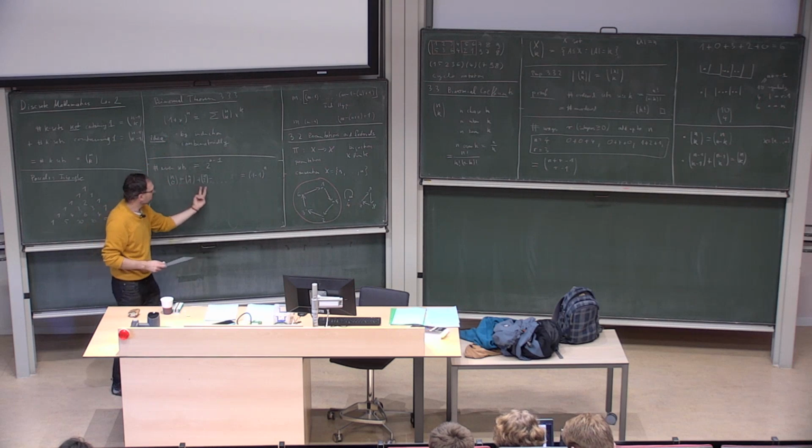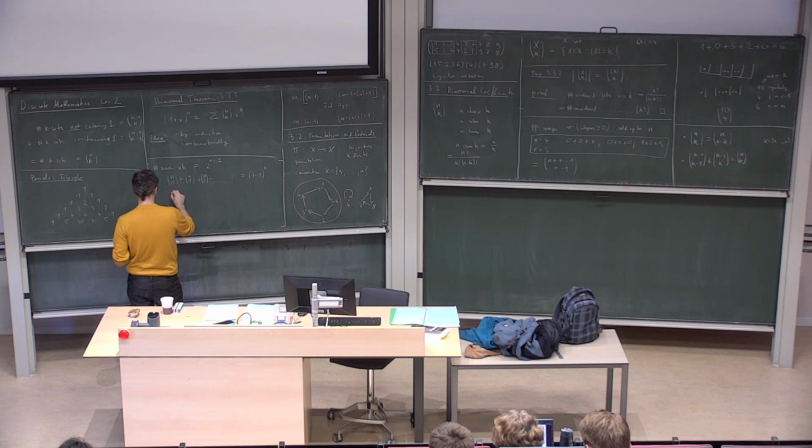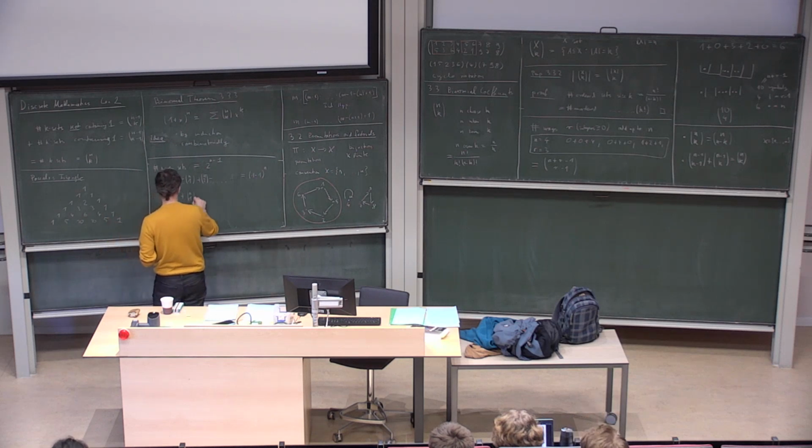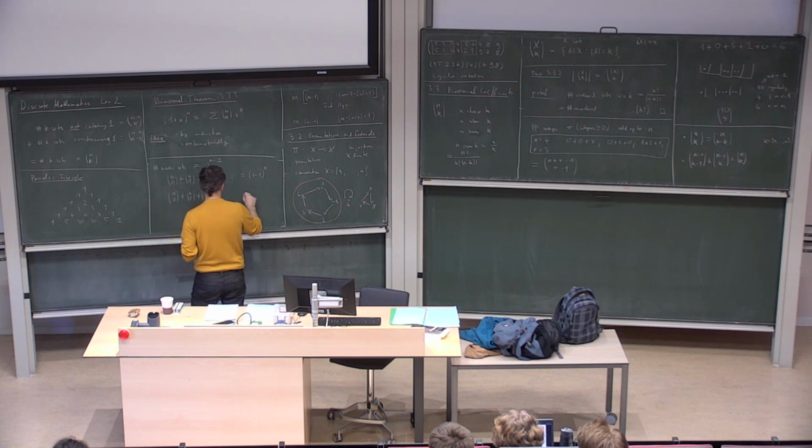And then we write here n choose 0 plus n choose 1 plus n choose 2, and so on. And those sum to 2 to the n.